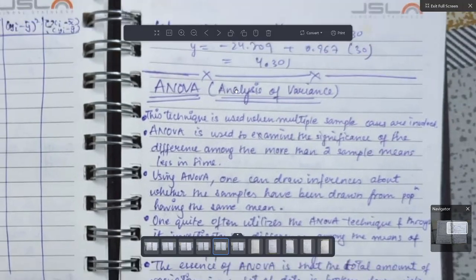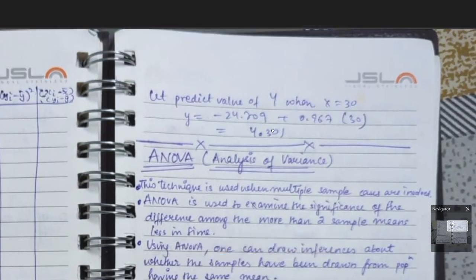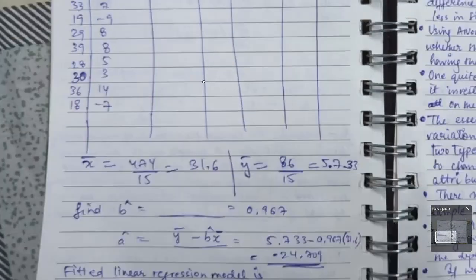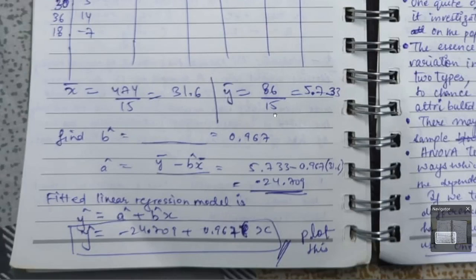Now you might also be asked to predict the value of y when you are given a value of x. So what you will do is plug in the value of x, that is 30, into this particular equation. You have a cap plus b cap x.